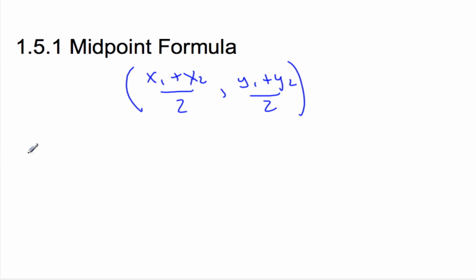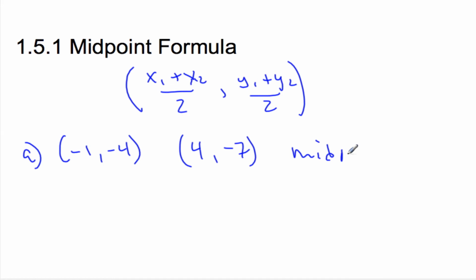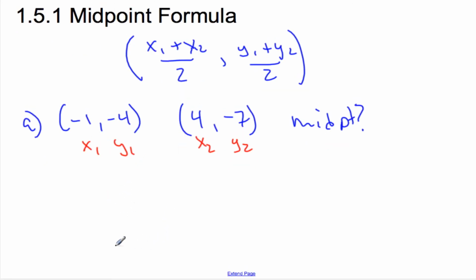Right, so let's do another example without the diagram. I can use the point (-1, -4) and the point (4, -7), and I wish to find the midpoint. Well, similar to what we did with the distance, I can say this is x1, y1, x2, y2, and then I can plug it into my formula. So what have we got?